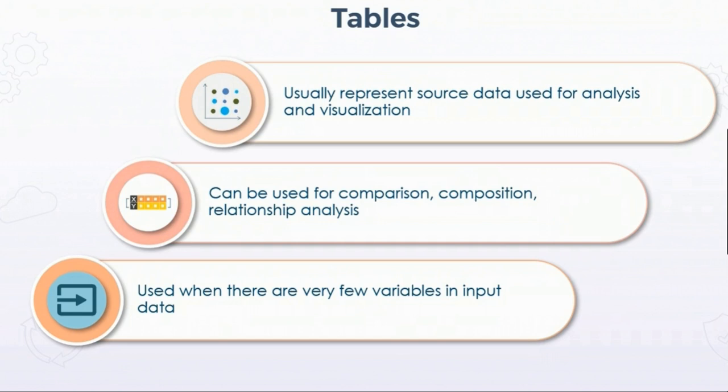It's really useful when there are few variables and input data. You can't use tables for multiple variables because it will not convey informative information. We can store it in a table, but it will not give any meaningful information by looking at that table if we have multiple variables.